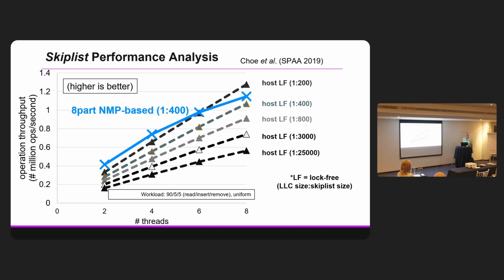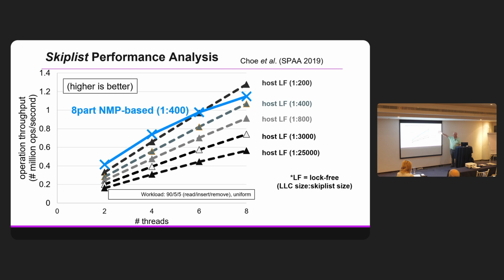So to test the sensitivity, we reran it with different size. This is the ratio of the cache size to the skip list size. And sure enough, as the data structure got bigger and bigger, then the cache became less and less adequate to contain things.